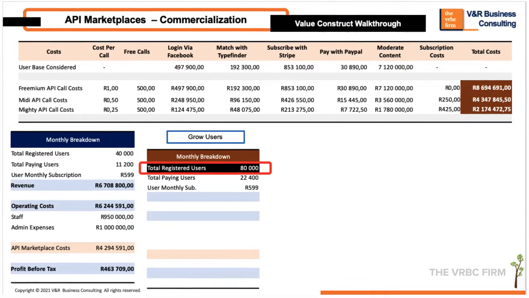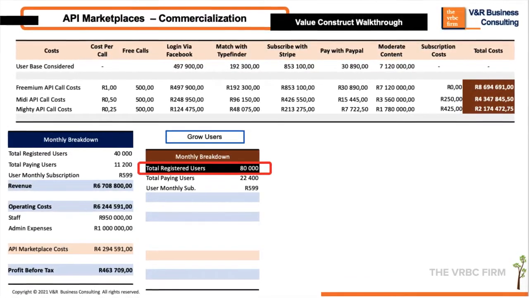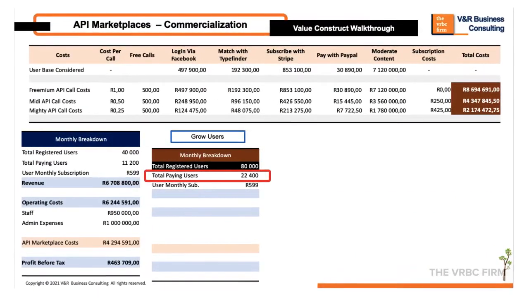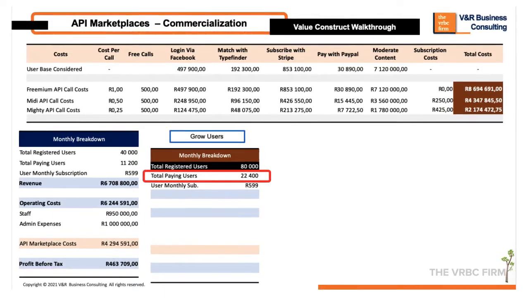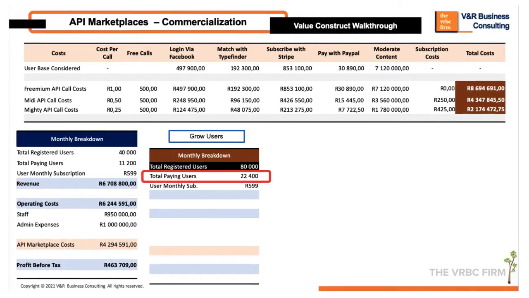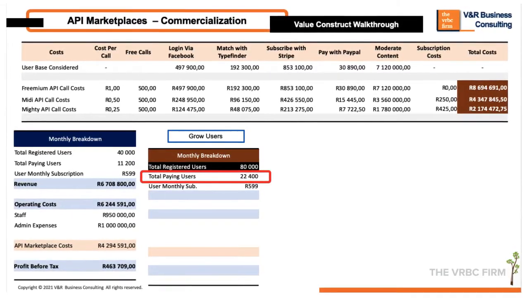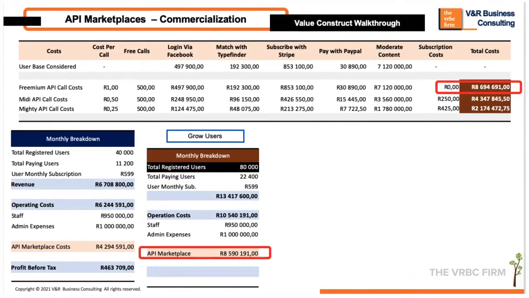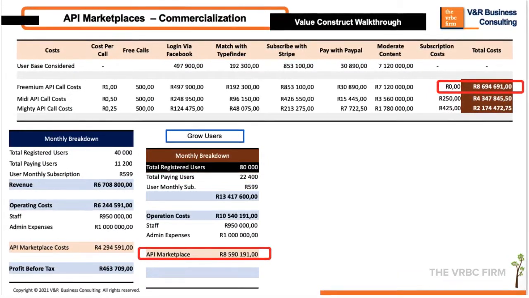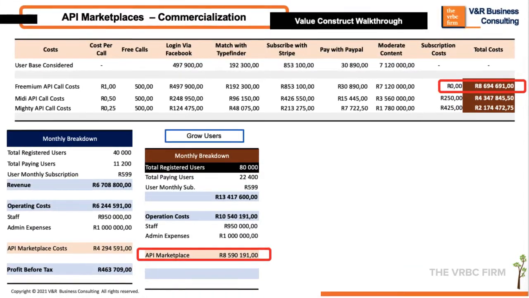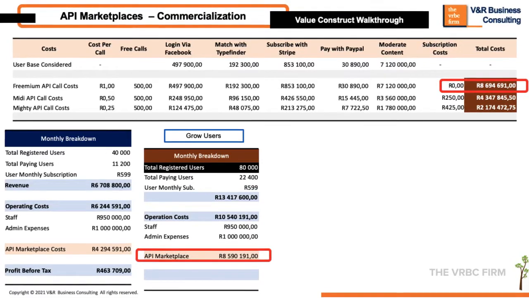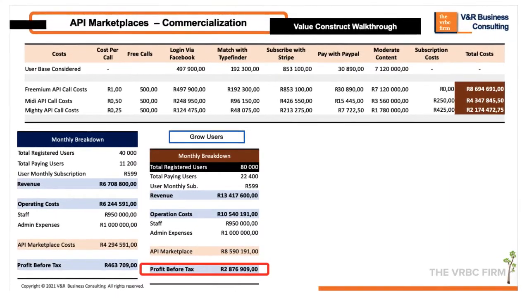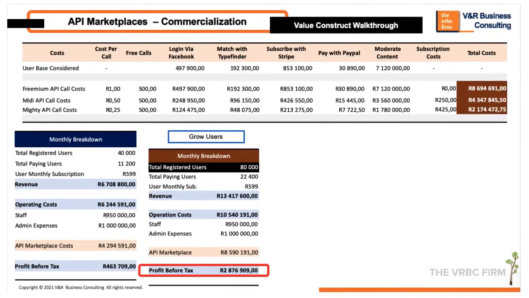So if we double our user base, and our conversion rate stays the same, like the same model of API calls across the number of APIs we're sourcing from the API marketplace, we improve our profit as depicted.